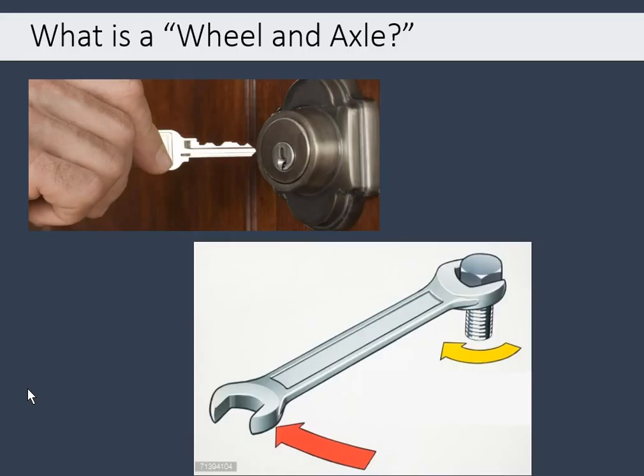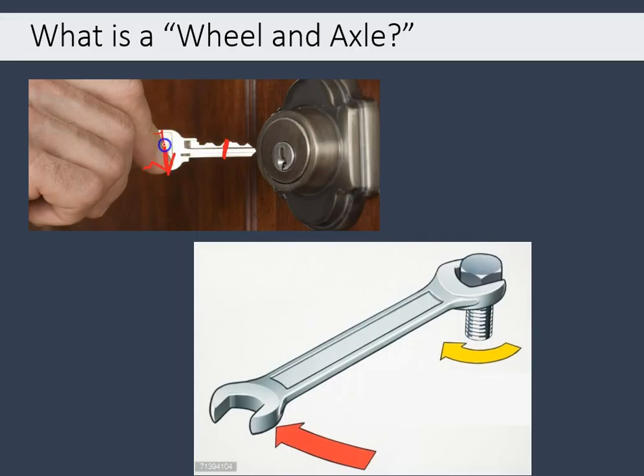Okay, it continues. A key can be thought of as a wheel and axle. You say, well, where's the wheel? You don't actually need the wheel. If you were to turn a key all the way around, you would be tracing out a circle. There's your outer diameter, and let's just say this is the inner diameter.